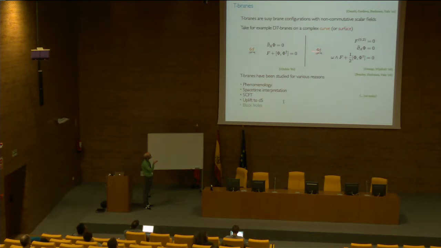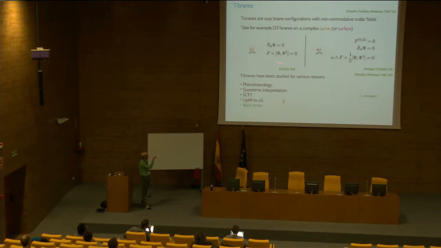For example, one can try to do this for 7-branes, wrapping a complex curve or a complex surface. So the case of the curve would be a 6-dimensional case. You have a gauge theory in 6 dimensions, or for a surface you have it in 4 dimensions.